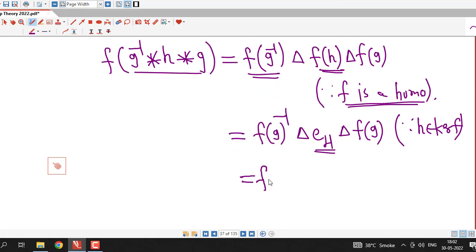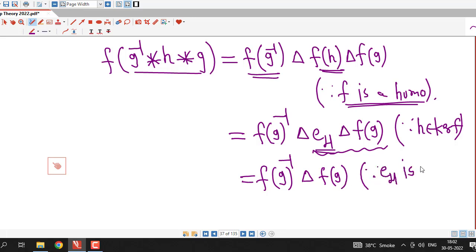Now if we multiply any element by identity, we will get that element back. So I use that fact here. This I can write as inverse of F of g delta F of g. Here I am using the fact that EH is the identity, and because these two are inverses of each other, we have EH.